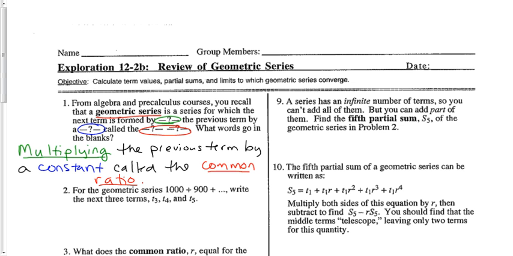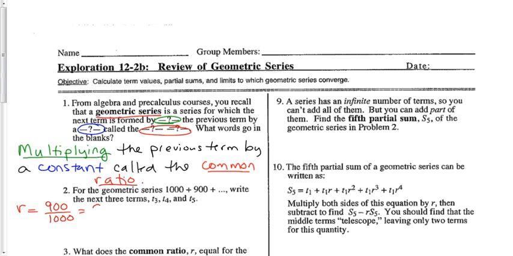For number two, for the geometric series 1000 plus 900 plus and so on, write the next three terms. To find my common ratio, that's going to be the second term divided by the first term, or you can choose any two consecutive terms, but the furthest one away goes on top, and the closest to the beginning term goes on the bottom.